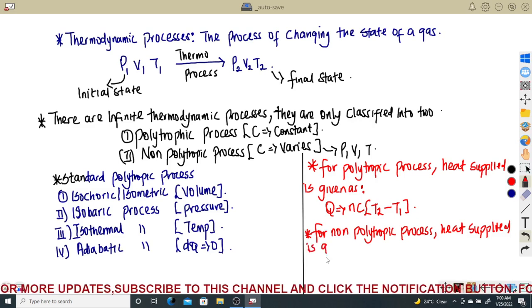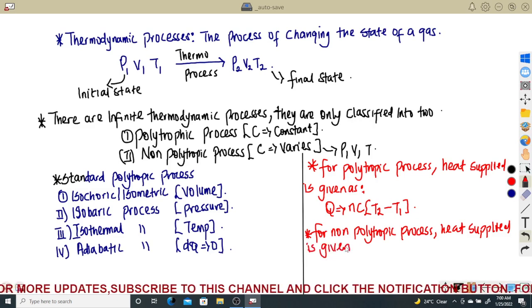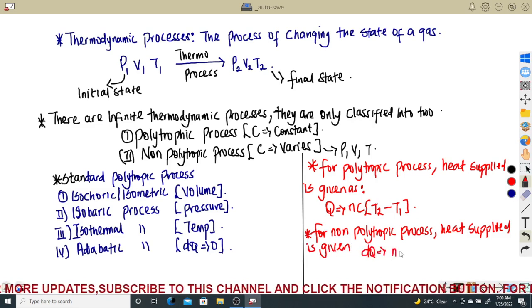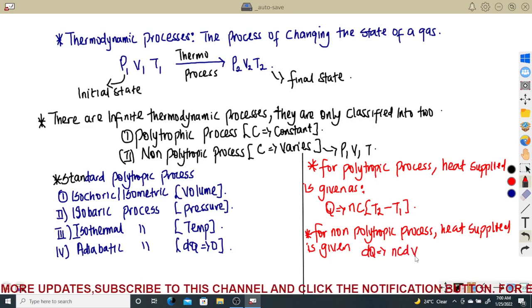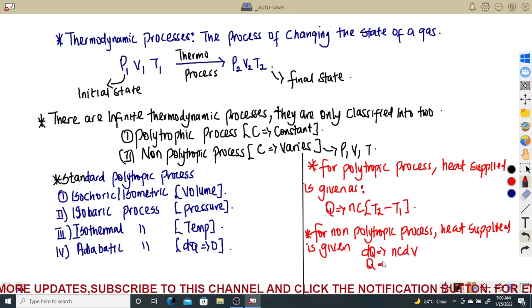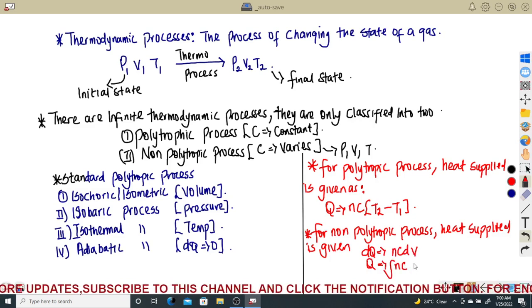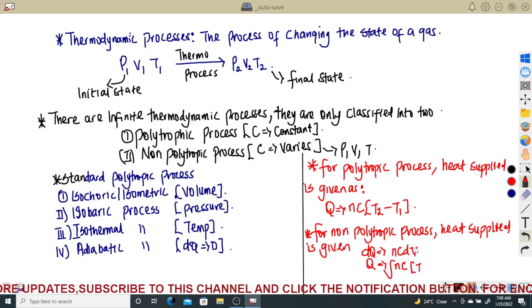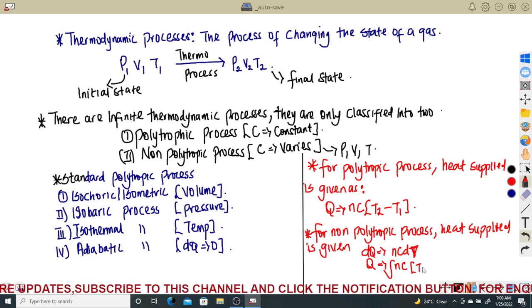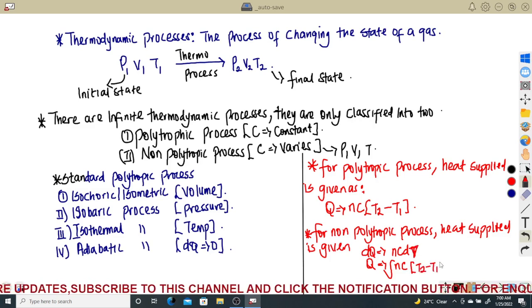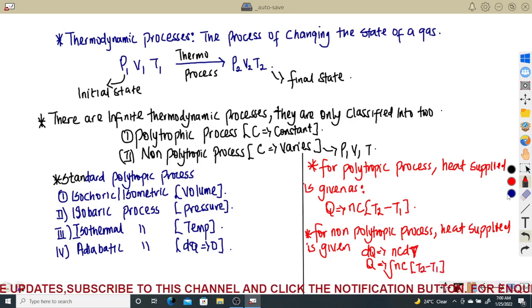We've talked about all these things, but we keep repeating ourselves over and over for understanding's sake. You can see Q is given as nC dT. So Q will now be equal to the integration of nC dT, from T1 to T2. That's just a note I want you to keep down.